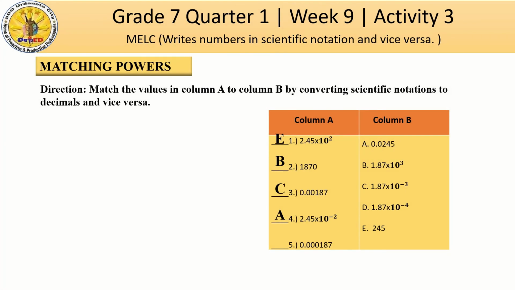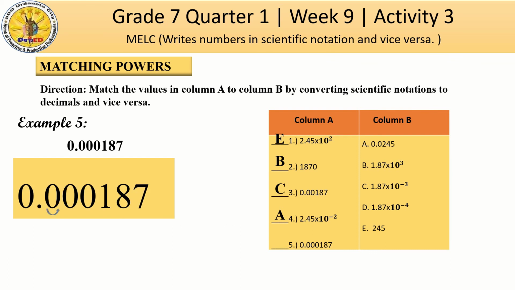We are now in number 5. Example number 5. 0.000187. Convert it in scientific notation. Make it greater than 1 but lesser than 10. 1, 2, 3, 4. 4 movements. We now have 1.87.